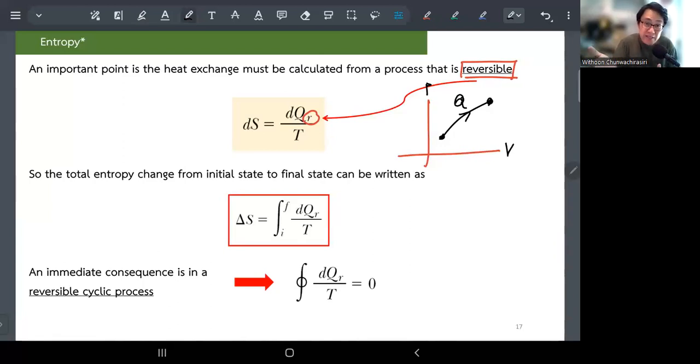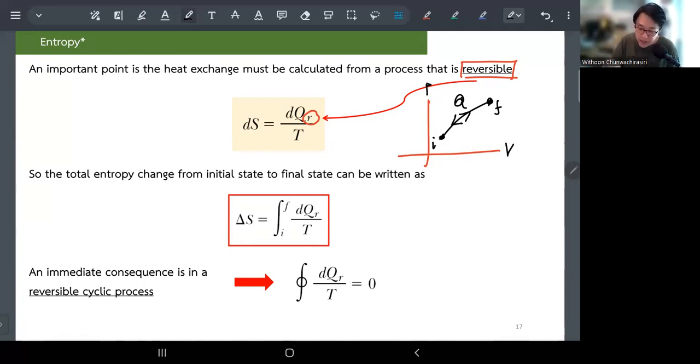If you can draw a curve or whatever from the initial point to the final point, then it's already guaranteed that this is a reversible process, right? Because we already said you can always flip your arrow at any time. So any process that can be drawn in a PV diagram must be a reversible process.